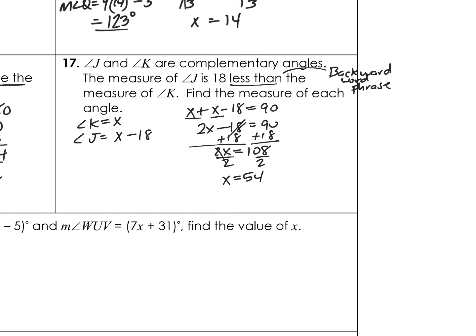So the measure of angle K equals 54 degrees, and then the measure of angle J equals 54 minus 18, which is 36 degrees. And since these were complementary, they should add up to equal 90, which they do.